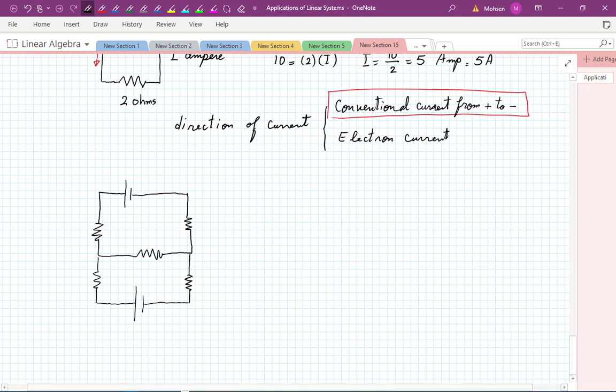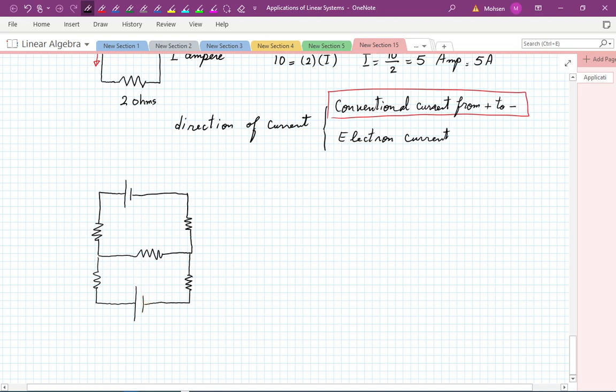Okay, now as examples go, this is kind of a simple example because this battery and this battery have the positive sides of them attached to each other as opposed to being in opposite orientation.